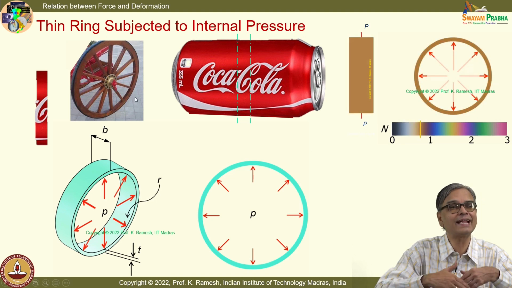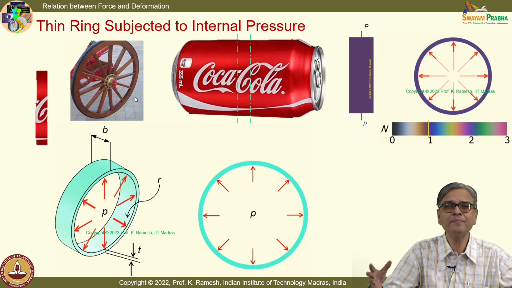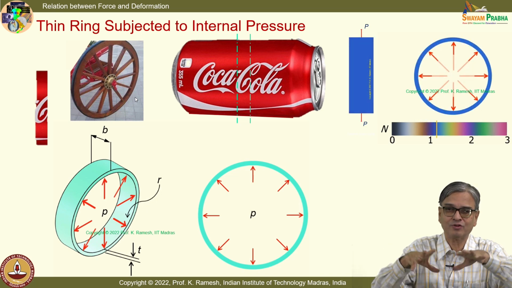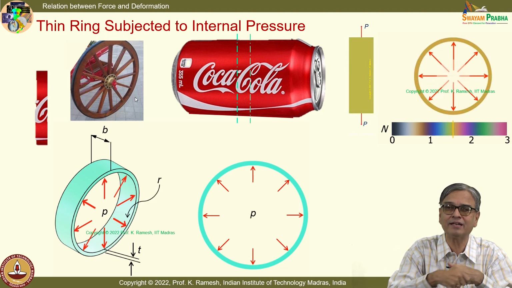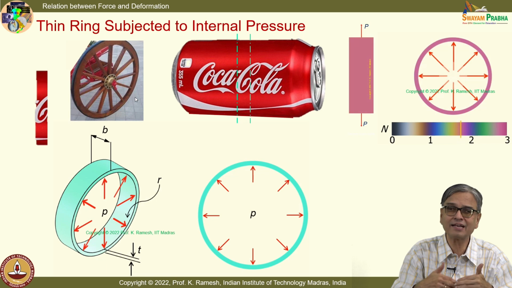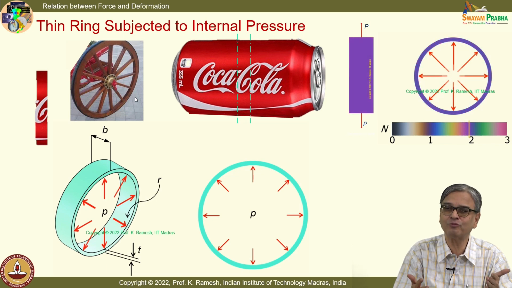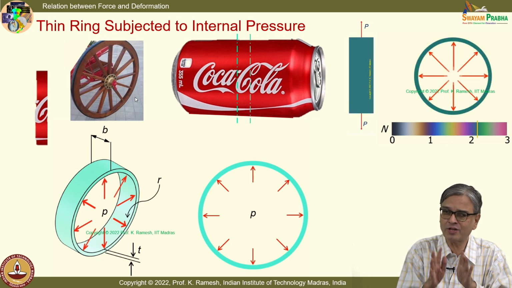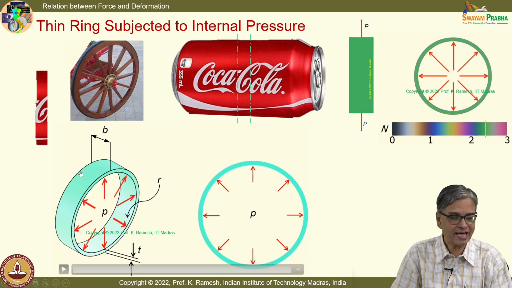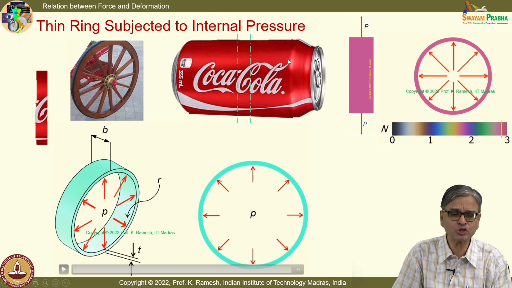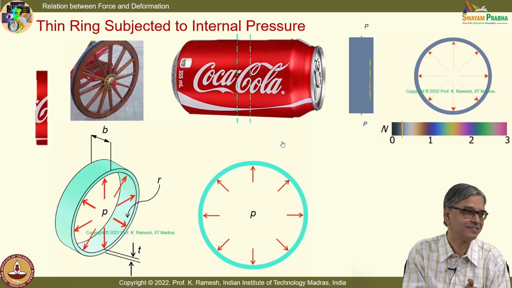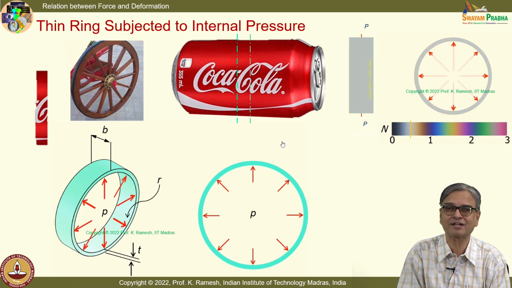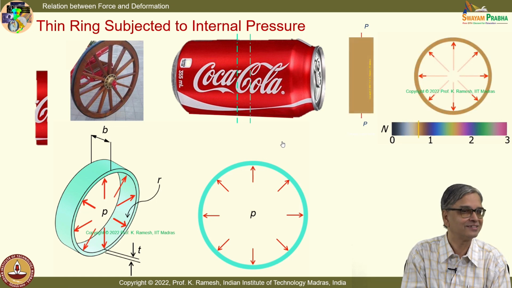So, what they do is heat the steel rim and then put it on. When the temperature cools, it grips the wooden wheel and enhances the life of the wooden wheel. In fact, we are solving a problem like that. I have a thin ring subjected to internal pressure. I have shown this because this is what you are able to see these days easily. Maybe in old movies you will see a carriage driven by horses.